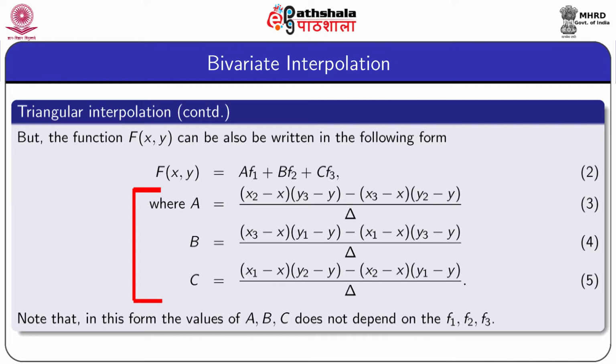Similarly, B and C are defined in equations 4 and 5. Note that in this expression, the values of A, B, C do not depend on the values of the function small f of x y, that means the values of f1, f2 and f3.